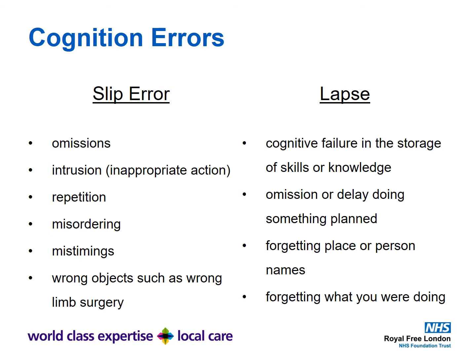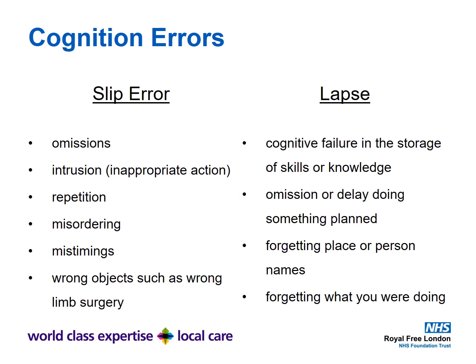Then you can have lapse cognition errors, and this is known as sort of cognitive failure in the storage of skills or knowledge. So can you remember how to do a lumbar puncture? Can you remember to do an ABG and so on? When was the last time you did one? It might be an omission or delay doing something planned.